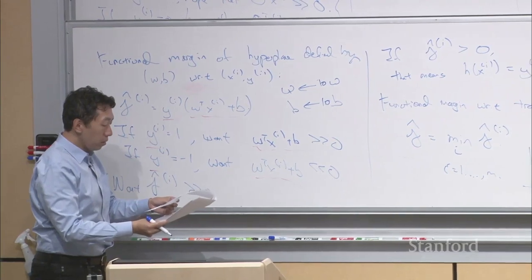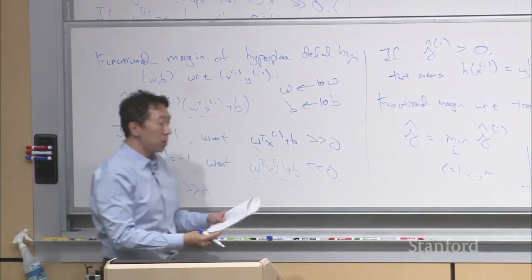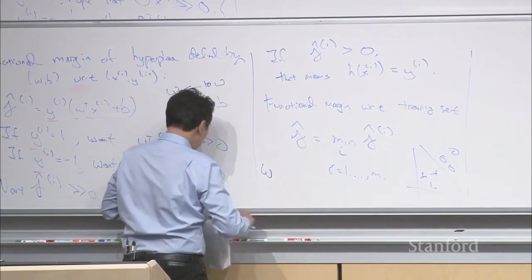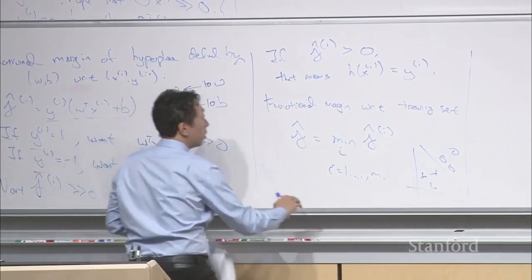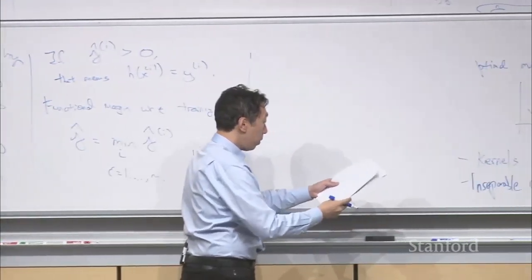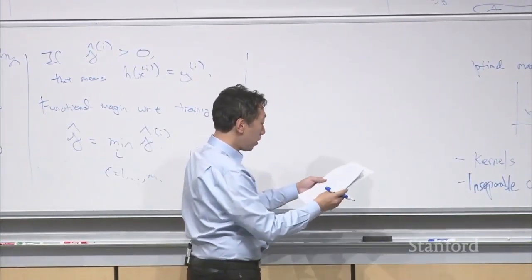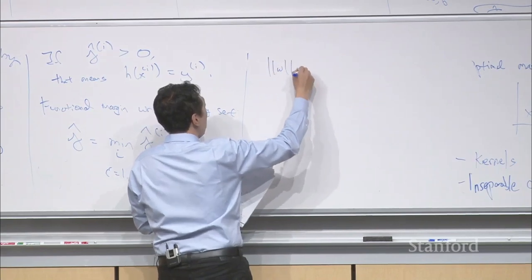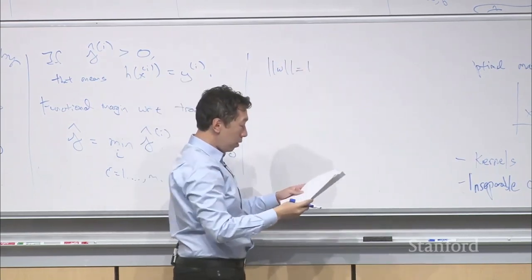So one thing you could do would be to normalize the length of your parameters. For example, you could impose a constraint that the norm of W is equal to 1.